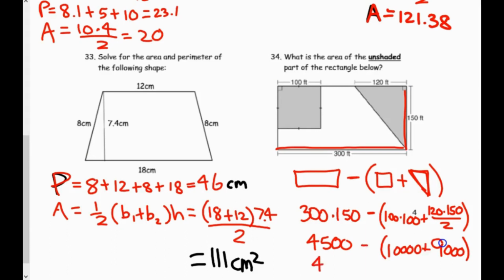So basically 10,000, sorry, that should be 10,000. 45,000 minus, and what's 10,000 plus 9,000? 19,000. Alright. And that gives us 26,000 feet squared. Alright.